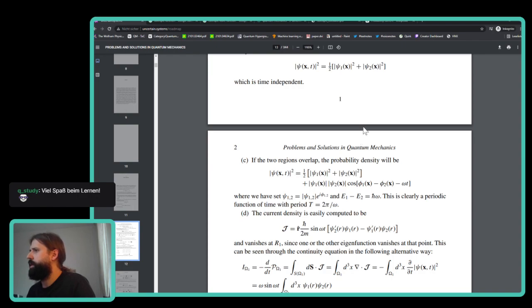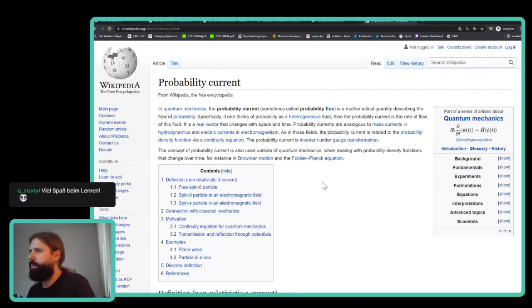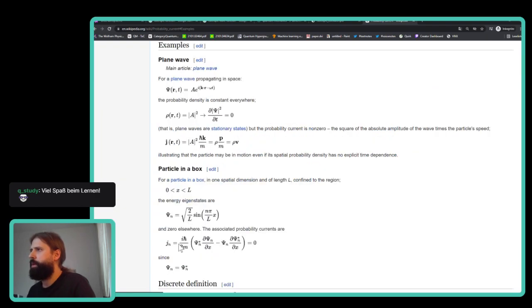Probability current density. Probability current. Motivation examples. Maybe examples. Oh, look at these. Particle in the box. Yeah, that's probably... No, that's the same thing. Well, because it's not in the box in this case, right?